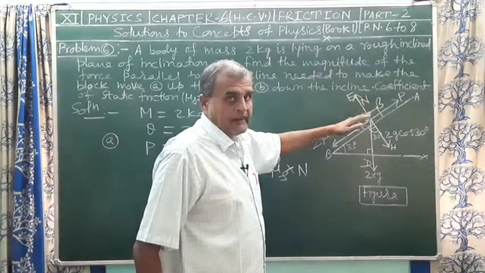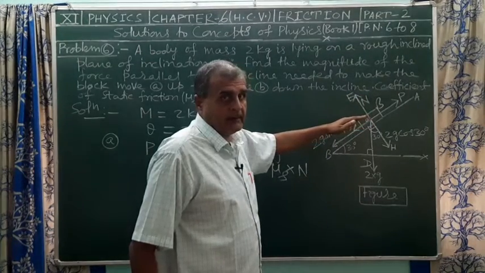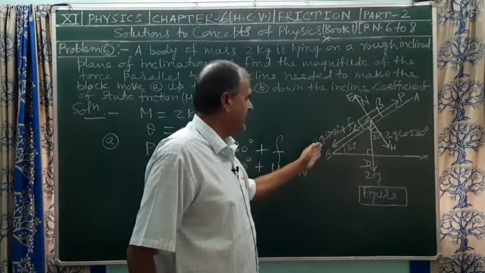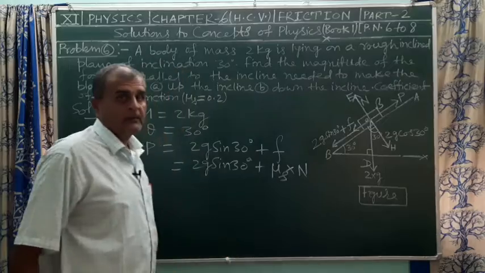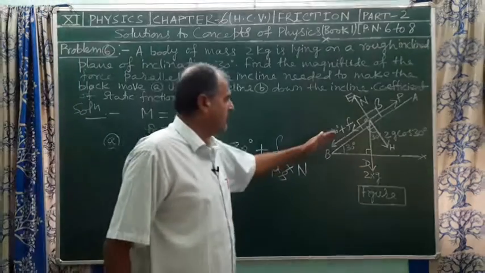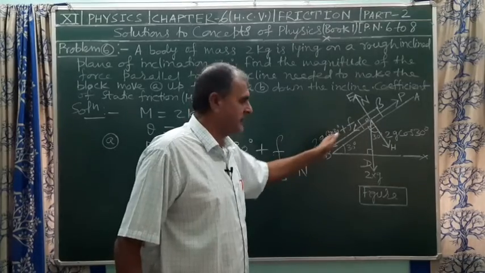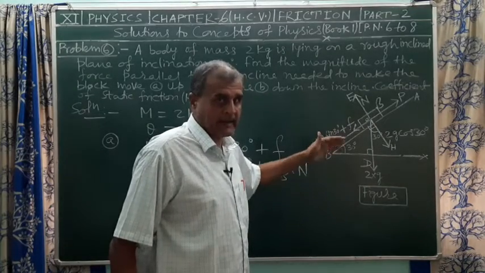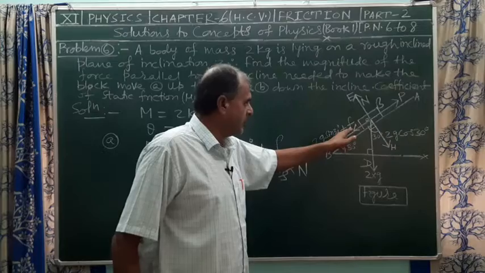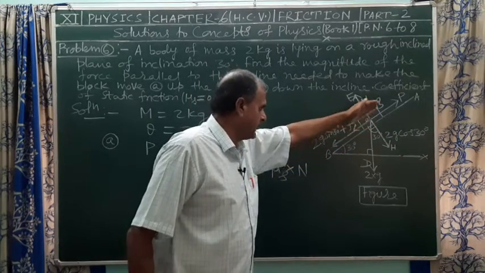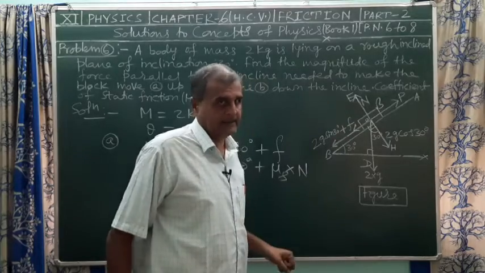Along the inclined plane, the forces are P along the upward direction, and 2g sin 30, the other component of the weight of the block of mass 2 kg, along the incline in the downward direction. The frictional force between the inclined plane and the block is also acting in the downward direction along the incline.